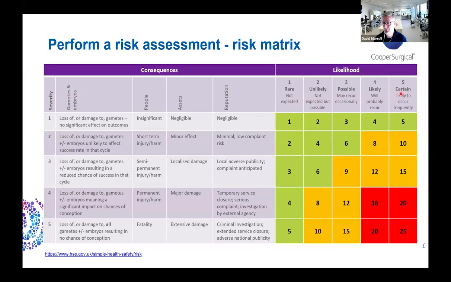The ones in the top left are the least severe and least likely to happen, and over in the bottom right we've got the ones that are most severe and most likely to happen.